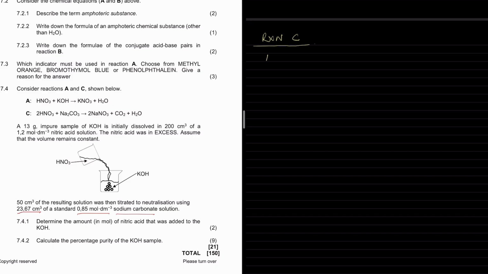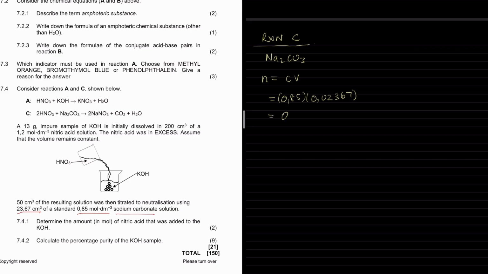So for sodium carbonate, Na2CO3, we can calculate the number of moles. Number of moles is equal to CV. So 0.85 multiplied by, so we need to convert that, that's 0.02367.